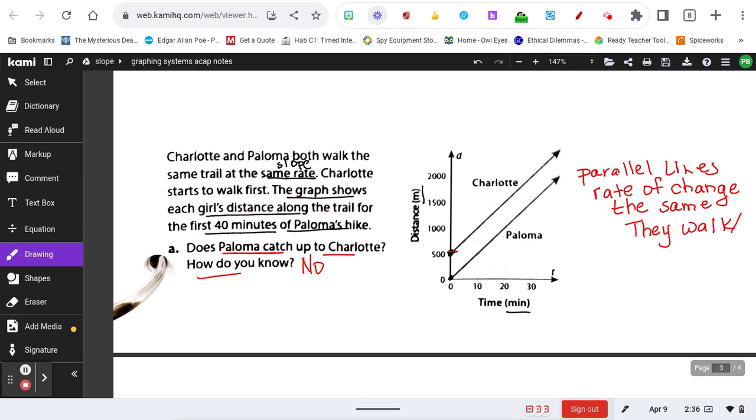This thing is so slow, it's in slow motion, so when I write, you don't see it. They hike at the same speed. I know that because the lines are parallel. They hike at the same speed, but Charlotte had a 500-meter head start.